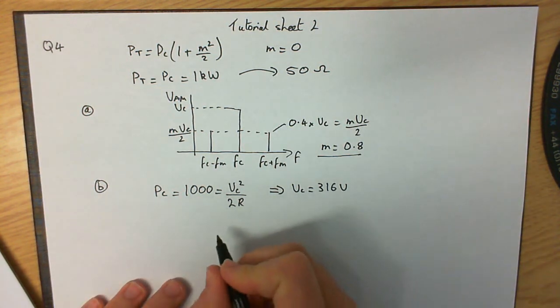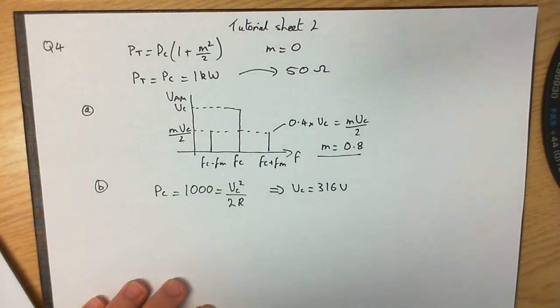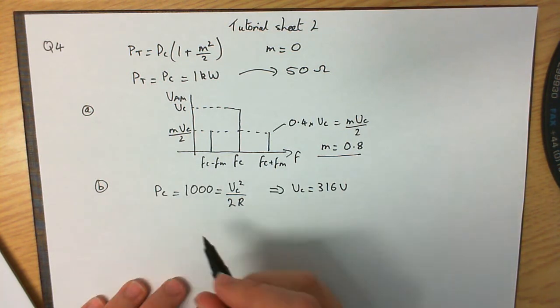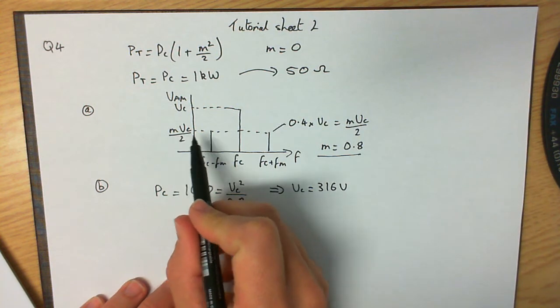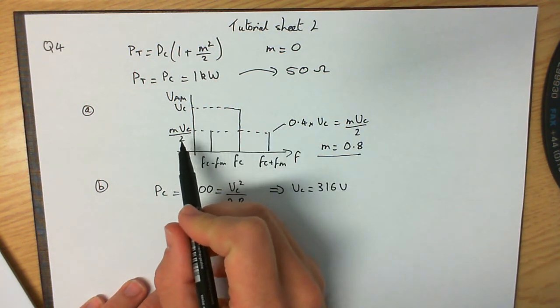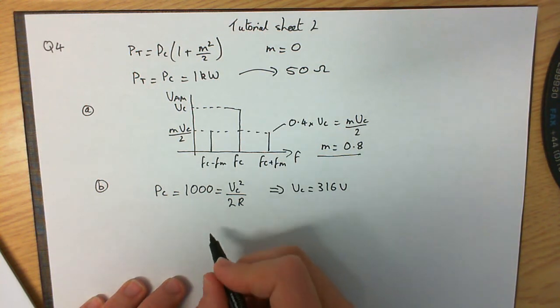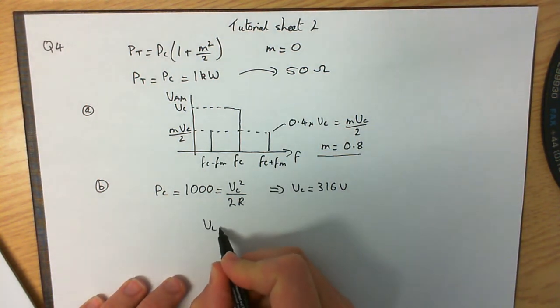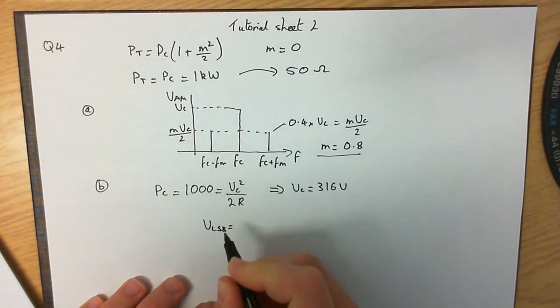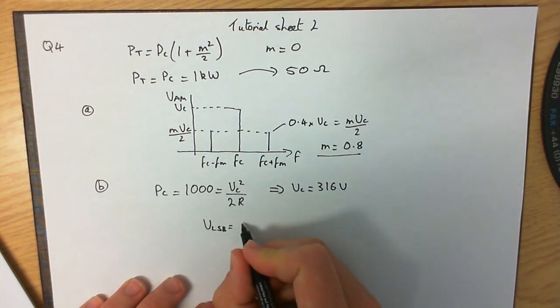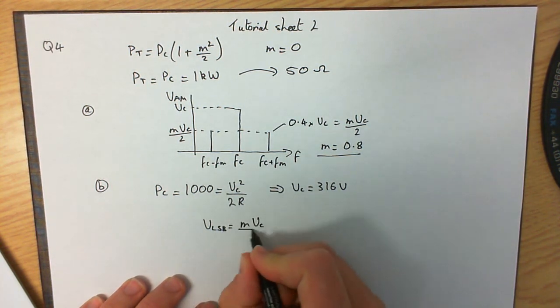Then from this, we want to work out what the amplitude is of the lower sideband. Well, we know that the lower sideband, or either of the sidebands, has an amplitude of MVC over 2. So in other words, VLSB is equal to MVC over 2.